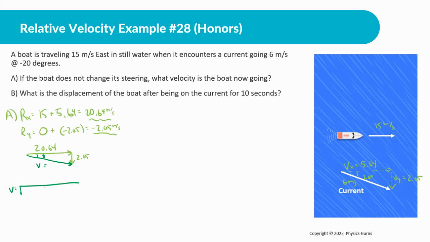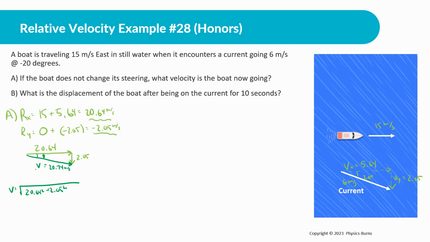We can just do 20.64 squared plus 2.05 squared, and the square root of that. And we get 20.74. So the velocity is 20.74 meters per second.